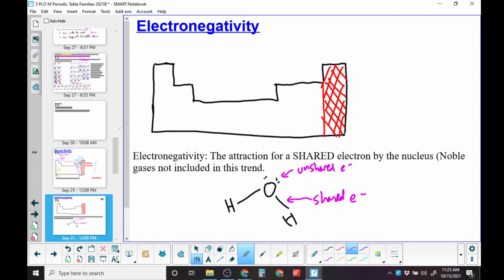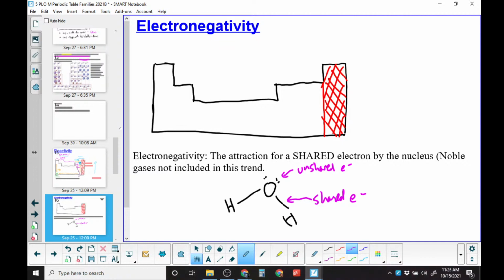Like the nucleus, right? It holds the electrons because they're negative, and electronegativity just tells you how much it holds. What kind of electrons? Valence electrons. Good. Which valence electron for electronegativity matters the most?